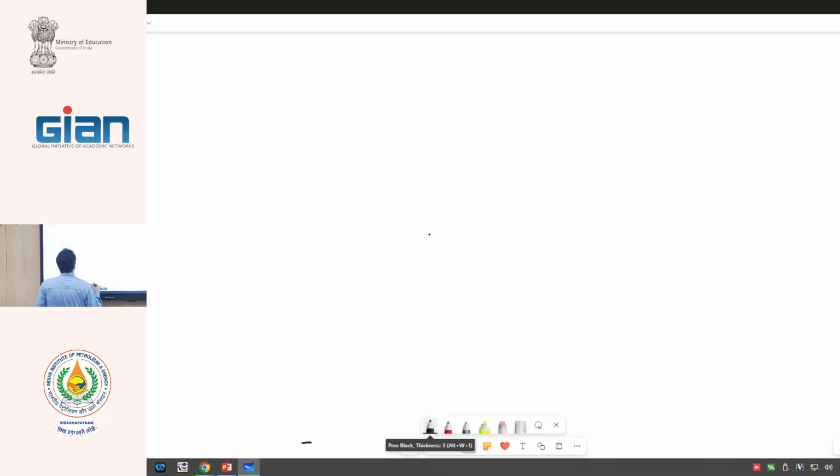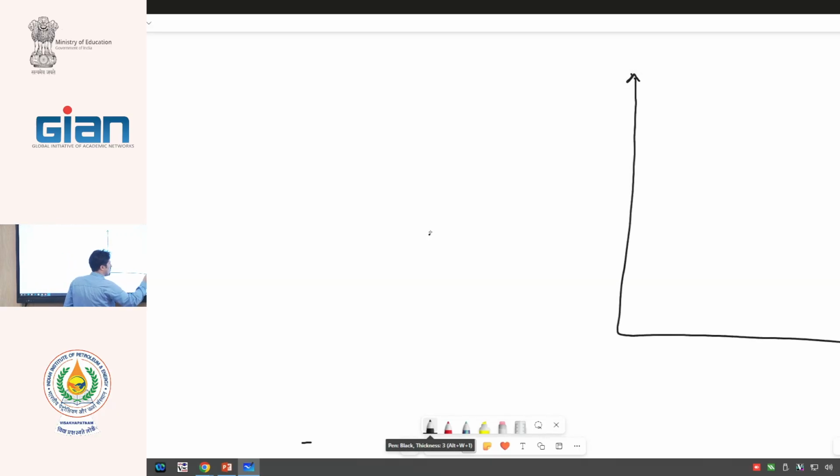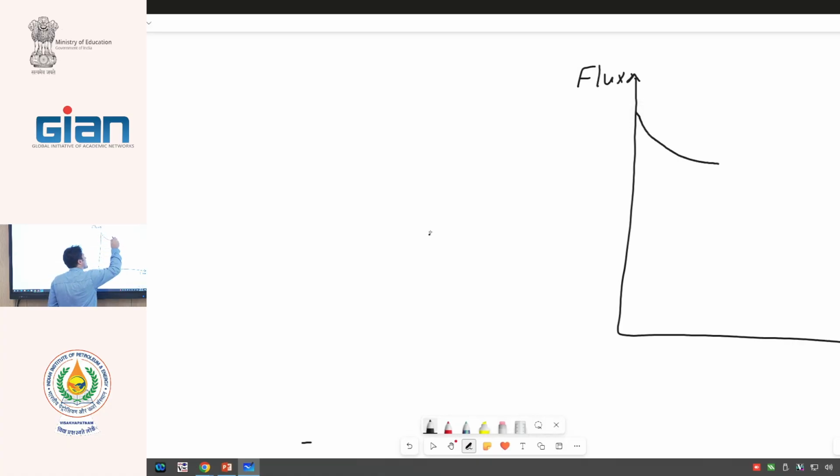Therefore, we usually have this diagram. You see in many papers that this is the time and this is the flux, okay? First, we measure the pure water flux.